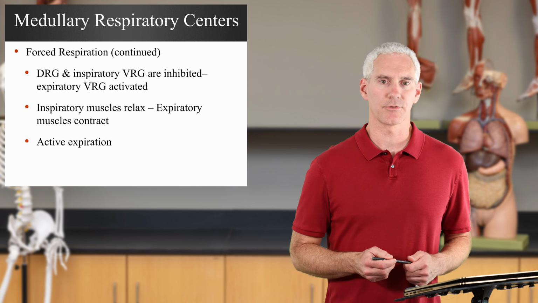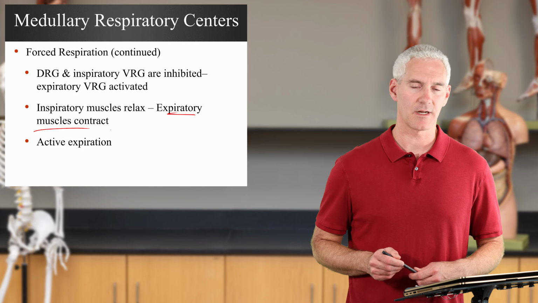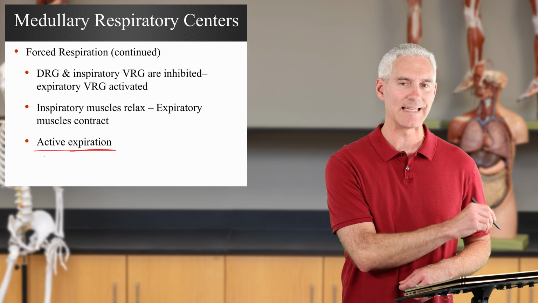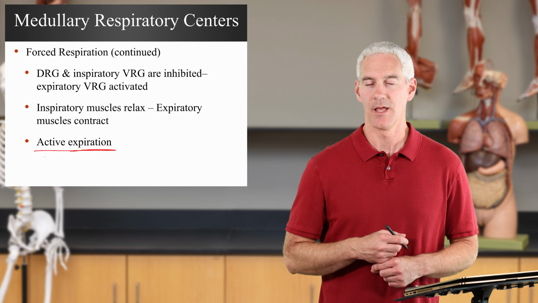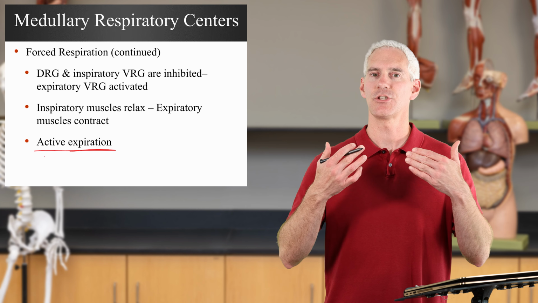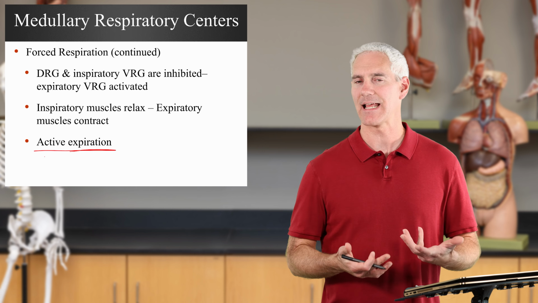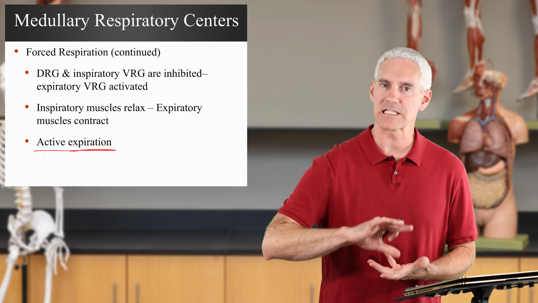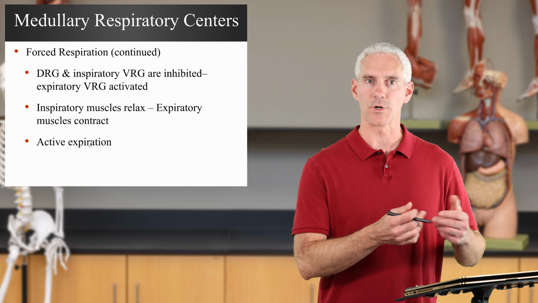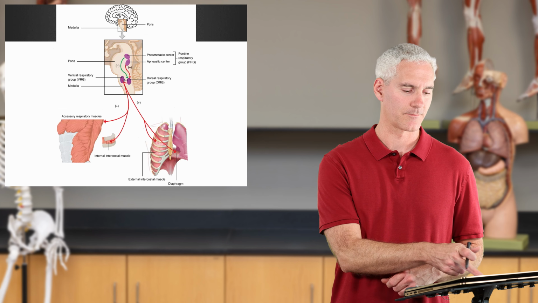So your inspiratory muscles relax, expiratory muscles are contracting. That means it is now an active expiration. You're breathing out quickly. You're not just shallowly breathing out. It's not at-rest breathing. You're actively forcing air out of your lungs. So that's for forced respirations here.